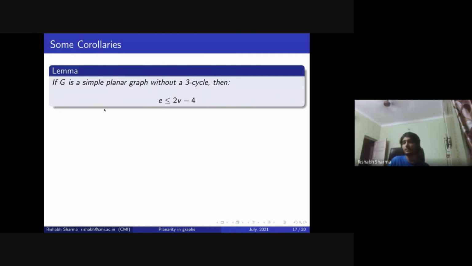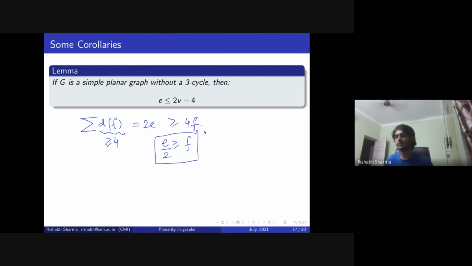That is the crux of this. That's the main idea. So again, you use that summation, the sum of the degrees of faces. This is equal to 2 times e. And you know that each of the degrees is at least 4. So this sum is at least 4 times f. So f is at most e by 2. Again, same thing. We use Euler's formula.